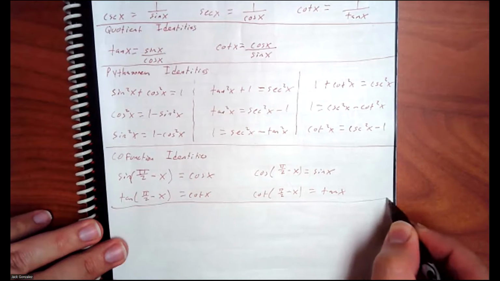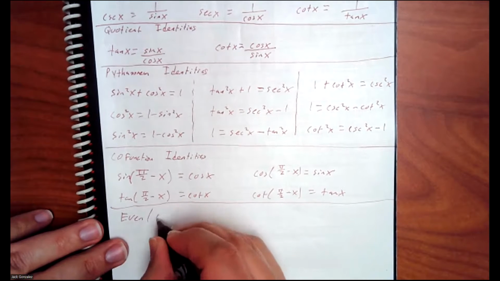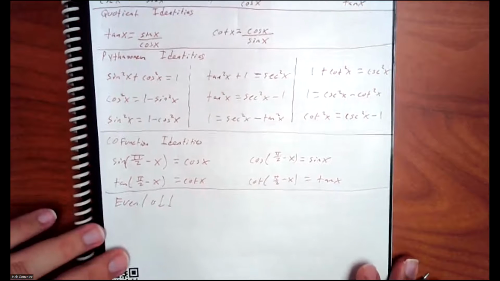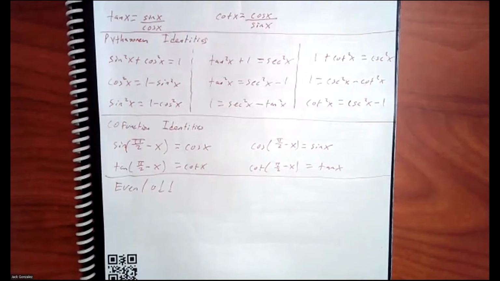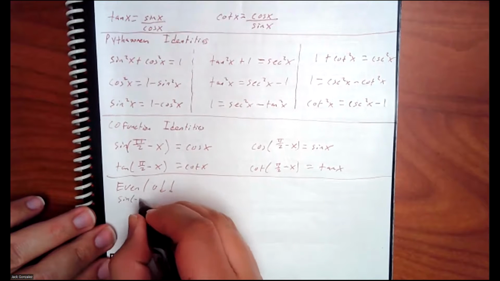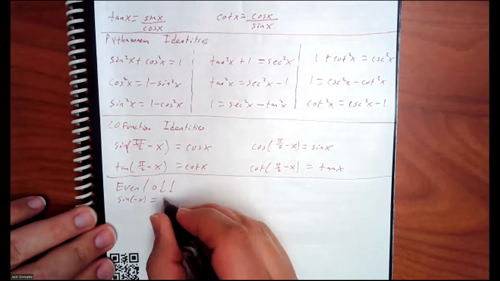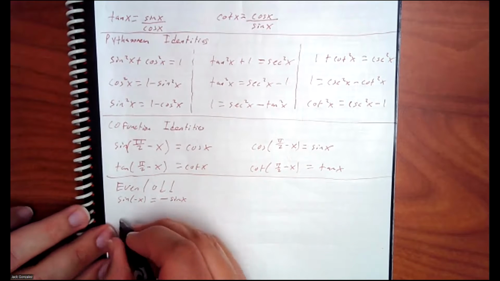Try to give you all the properties before we start. Even and odd properties. Sine of negative x is equal to negative sine. So that is considered to be odd.